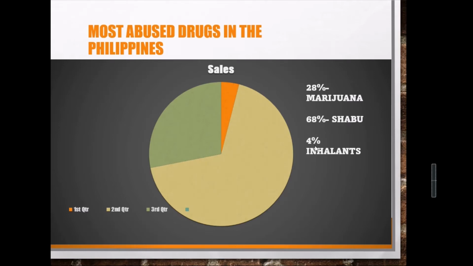And how about the 4% inhalant? Orange. Great. The smallest part in the pie chart. Wow, great. You are really attentively listening, especially to your math teacher, I guess. Let's move on. So you already know the most abused drugs here in the Philippines.